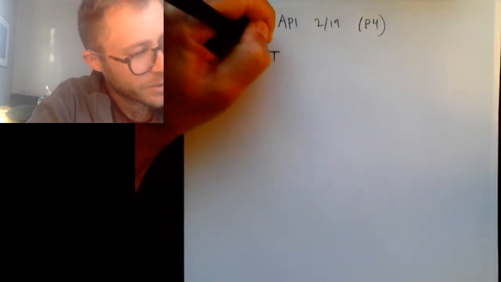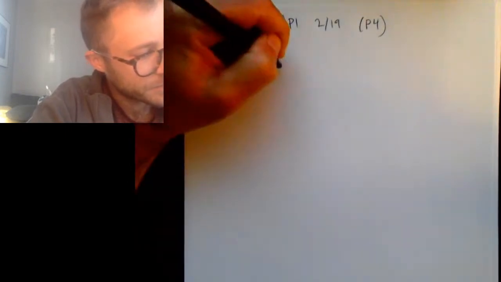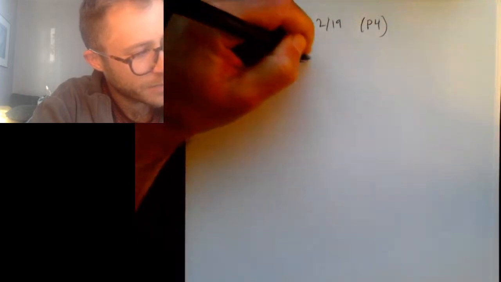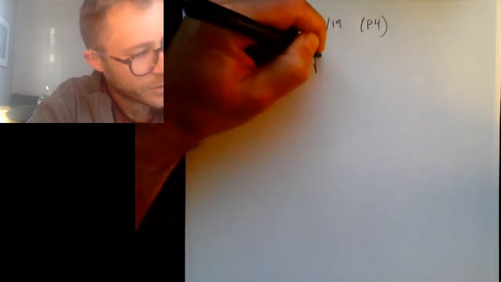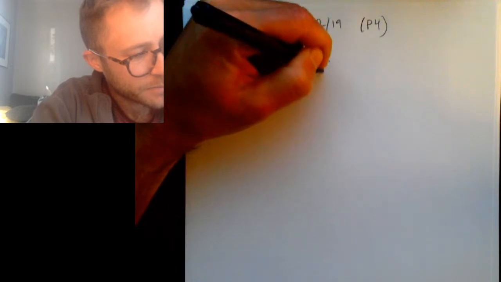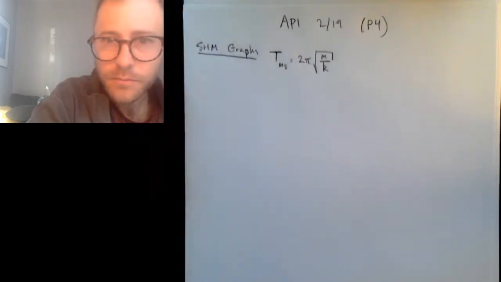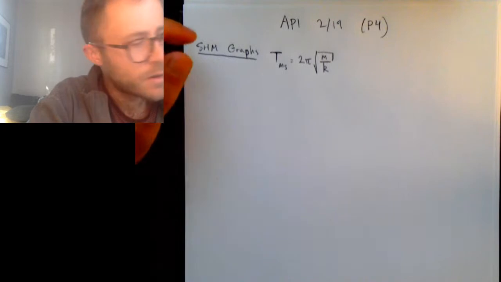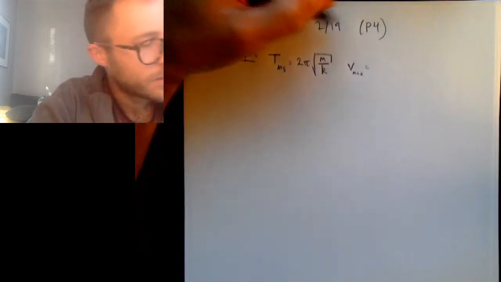In particular, we learned the following equations. We have the period of a mass spring system, which was 2 pi square root of m over k. The max speed is square root of k over m times the amplitude.